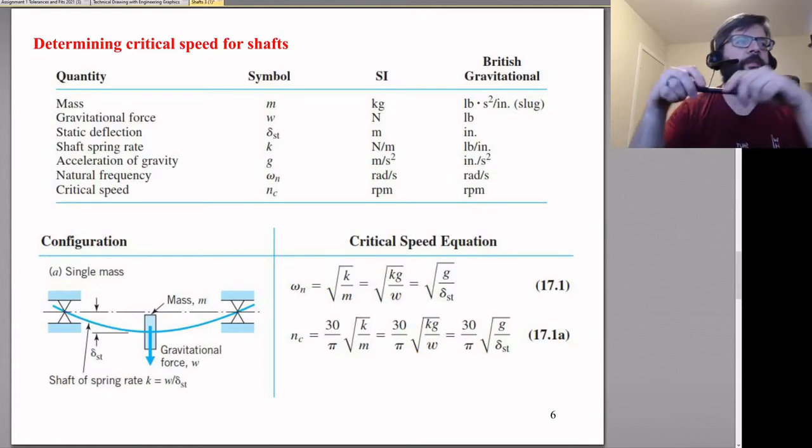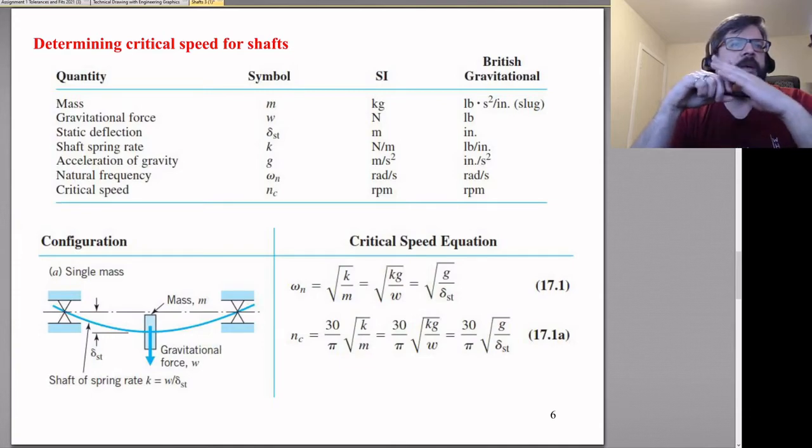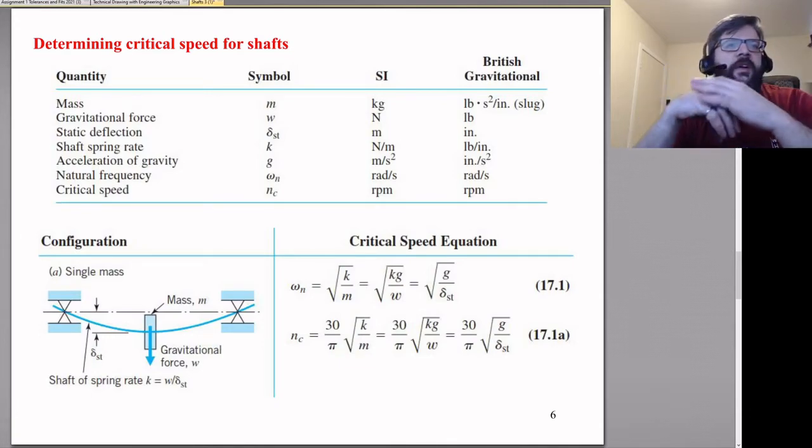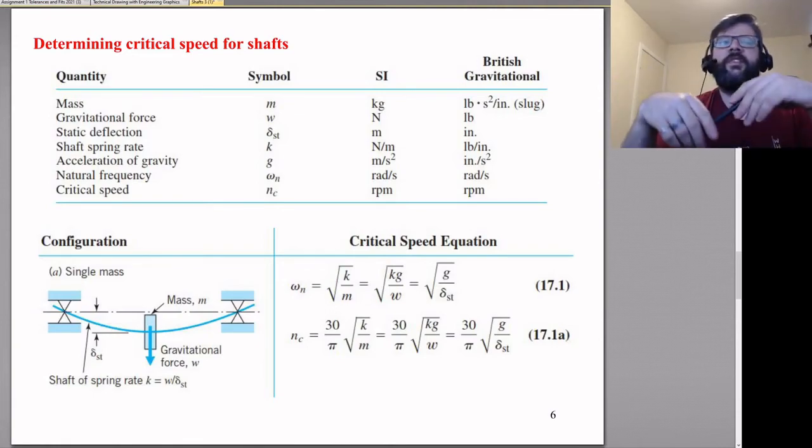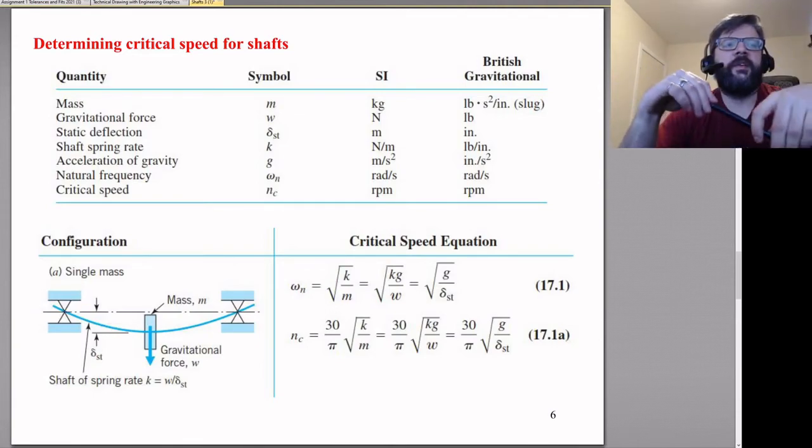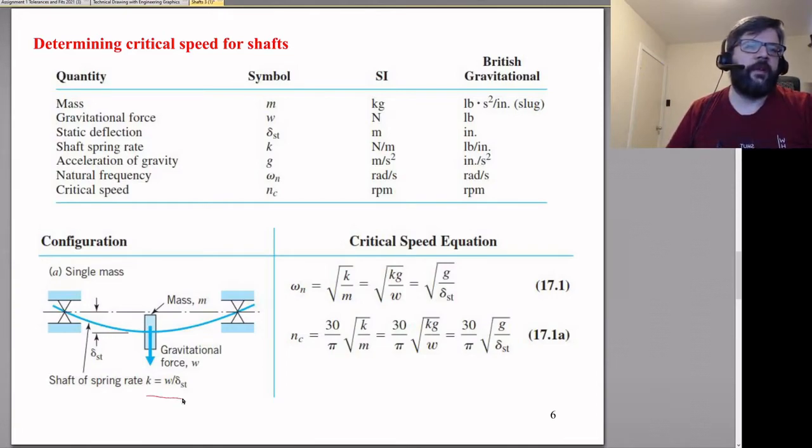So the parameters we're working with here, there are a few configurations that we can use to estimate that. The K value is the shaft spring rate, in pounds per inch or newtons per meter.